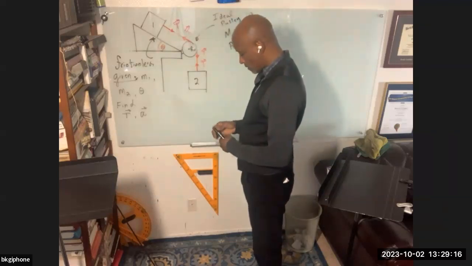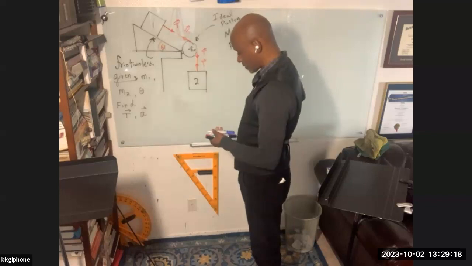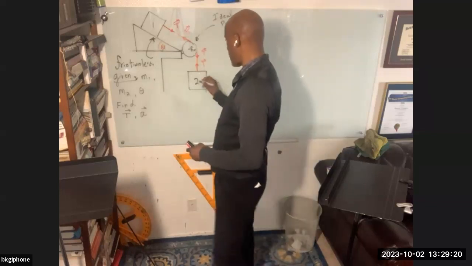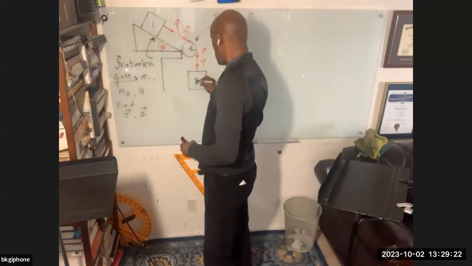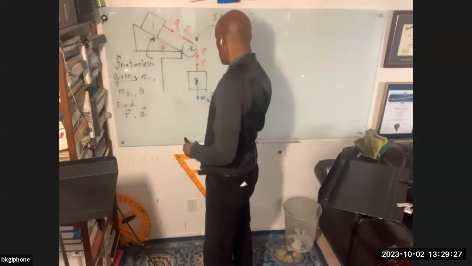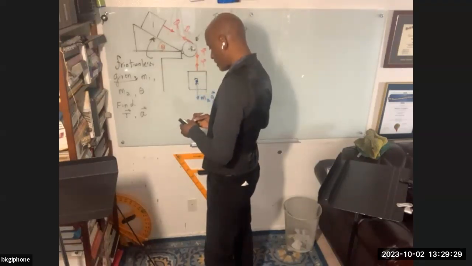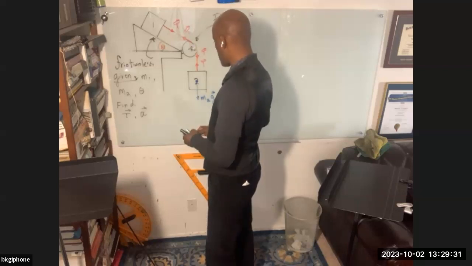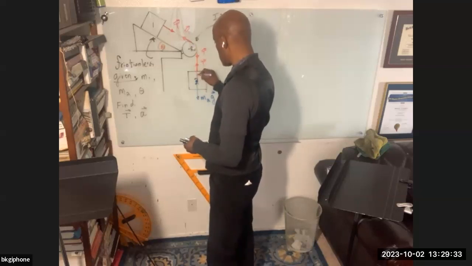So what are the forces on the object? Here we've got, going from the center of mass, M2G. And here, of course, we've got T. I'm going to bring it on down from the center of mass.